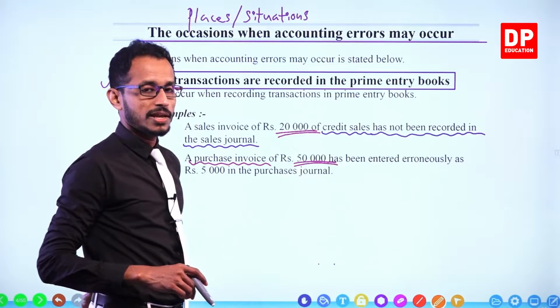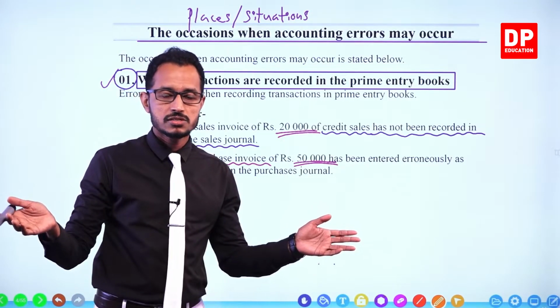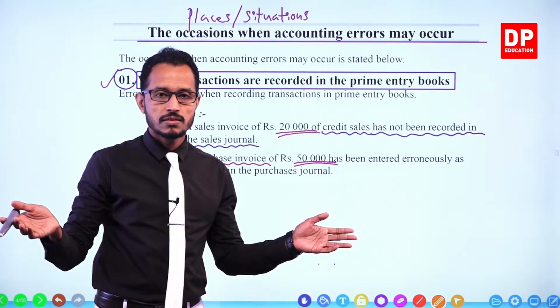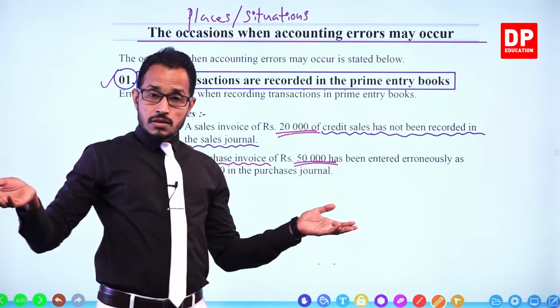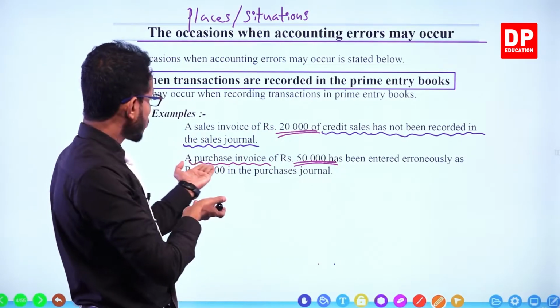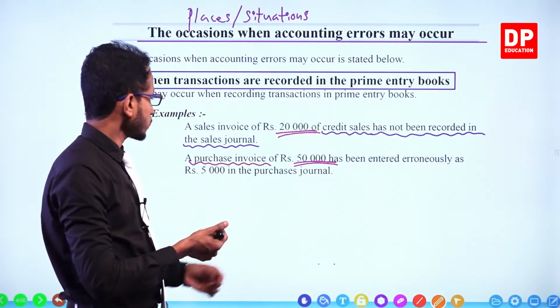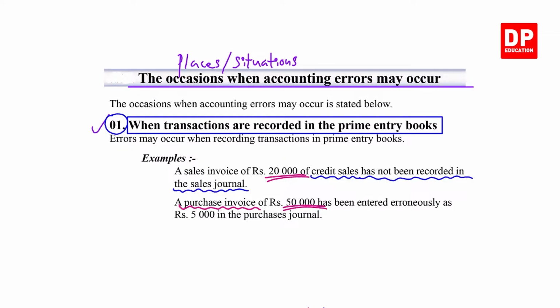Why are you looking at me like you have never seen this word? This is the source document, children. Purchase invoice.